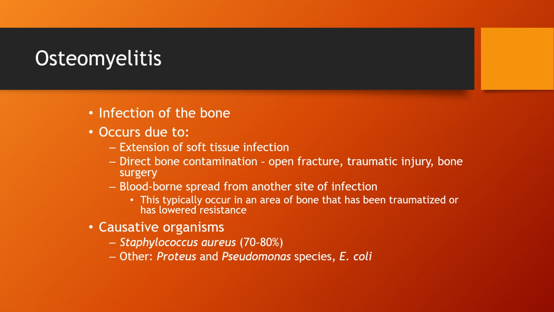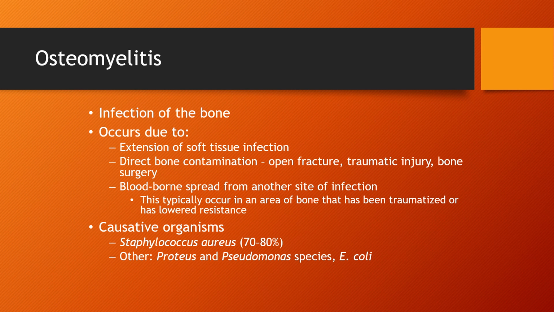Osteomyelitis, this is infection of the bone, and it can occur for a variety of reasons. It can be an extension of soft tissue infection, so they have an infection in soft tissue near a bone. It can extend right into it. It can be direct bone contamination from when there's an open fracture or traumatic injury, or if they've had bone surgery.